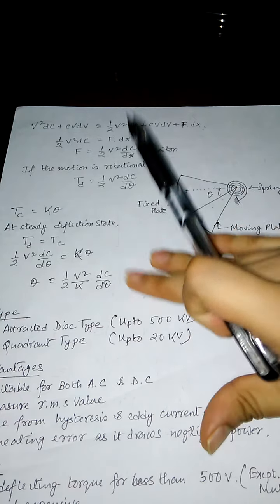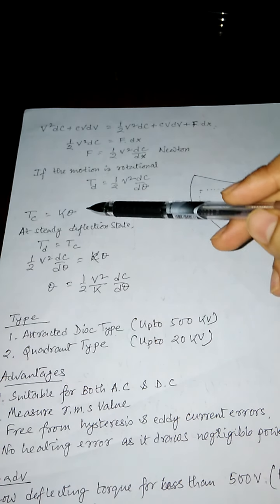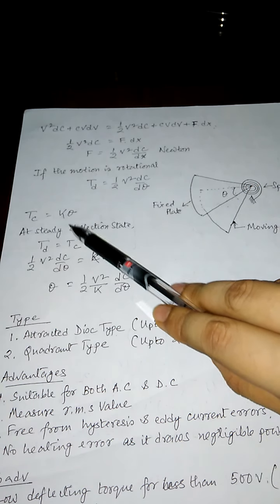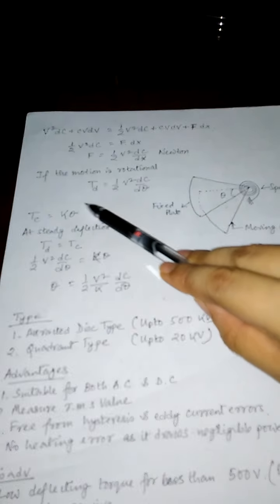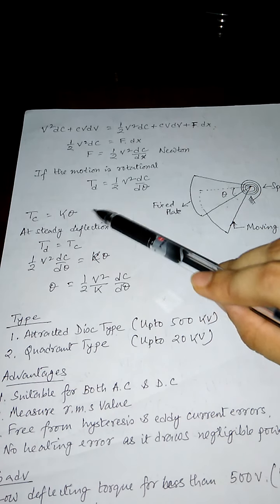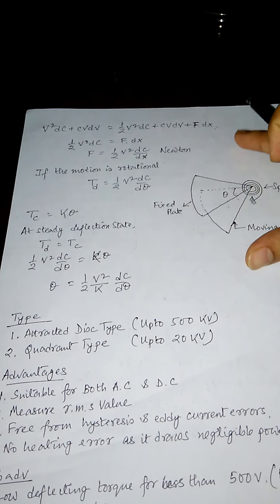Now we already know in our previous lessons the controlling torque part. For the spring instrument, the controlling torque is Tc equal to k theta, where k is the spring constant, which is dependent on the diameter and the material of the springs.